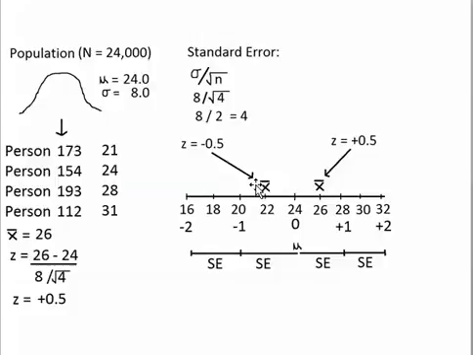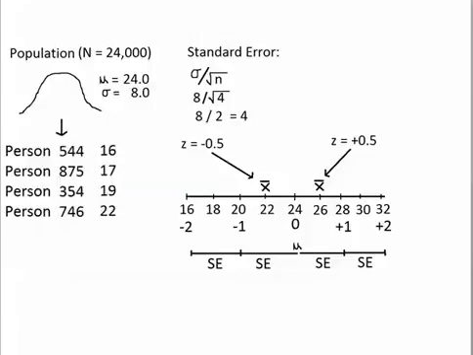Let's say that I randomly select a third sample of 4 people, and I get these 4 people as my sample. This sample has a sample mean of 18.5. If you added these 4 ages and divided the total by 4, the answer would be 18.5. By looking at this number line, we can see that 18.5 is about halfway between 16 and 20.